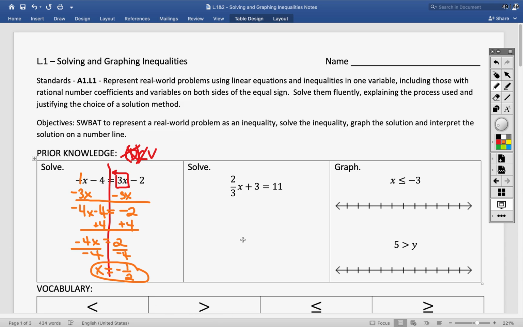Okay, same thing here. I don't have anything to distribute or combine or any variables on the left-hand side, so I just drop my equal sign, box my variable term to keep it safe until later, opposite operation, bring down my variable term. Sorry about my writing. I know it's not beautiful today.